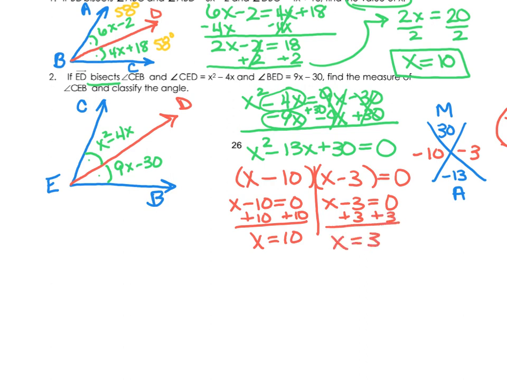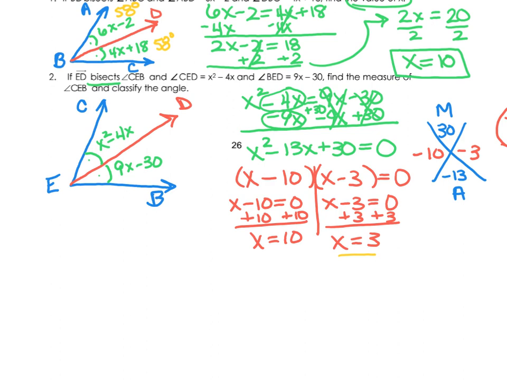Now, geometry and algebra are going to butt heads. Algebra is going to say we have two answers, but geometry is going to say no, one of those answers probably isn't going to work out. Normally, one of them is negative, and neither one is negative. So we're going to have to plug in and see which one makes sense or doesn't make sense. I'm going to look at x equals 3 being the answer.